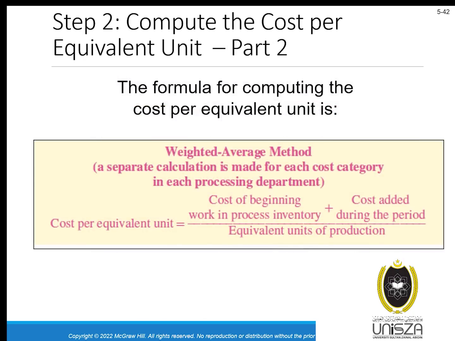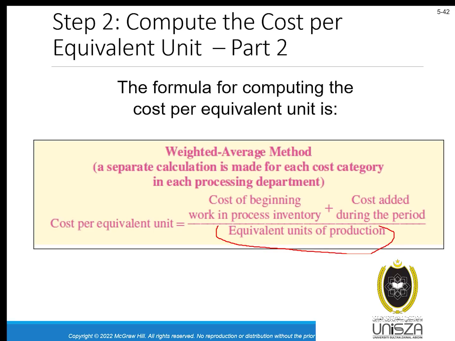The formula for computing the cost per equivalent unit using the weighted average is: cost of beginning WIP inventory added with the cost added during the period, divided by the equivalent units of production.